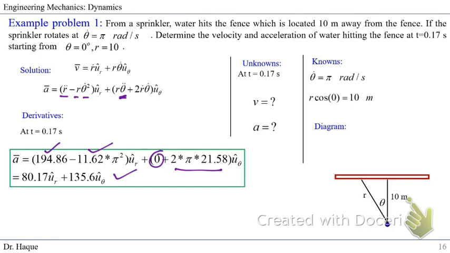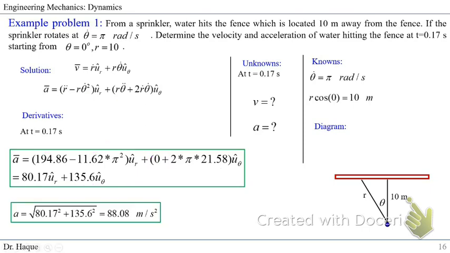For the radial component and theta component, if we take the square root of those terms, we get the acceleration, which is 88.08 meter per second squared.